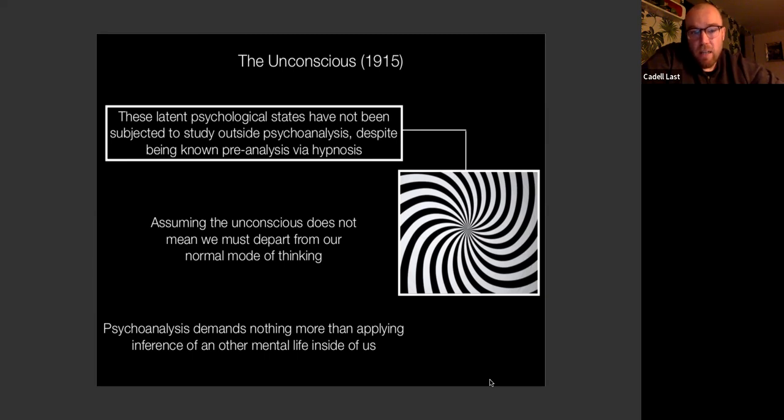However, in assuming the unconscious, it does not mean we have to depart from our normal mode of thinking. In other words, what we have taken as our normal rational mode of thinking in the scientific tradition is not something that we have to depart from in accepting the basic claims of psychoanalysis.